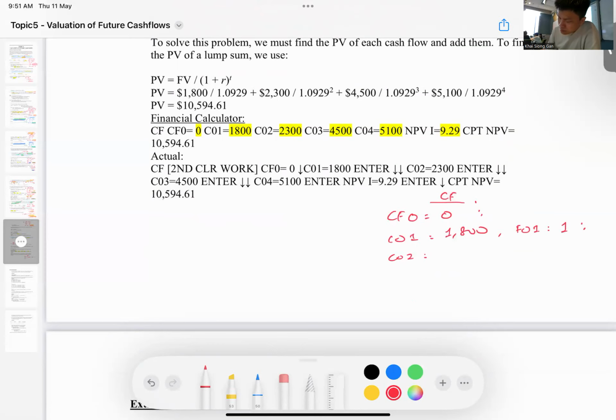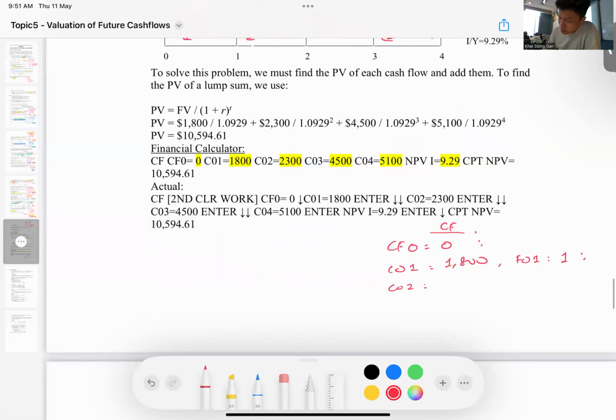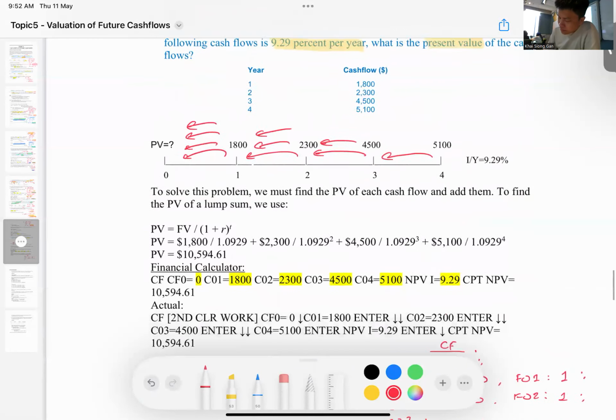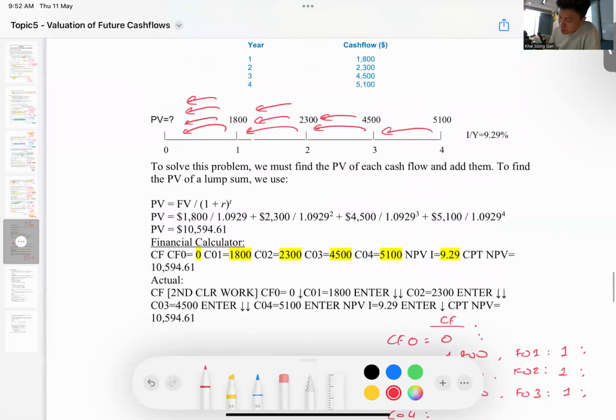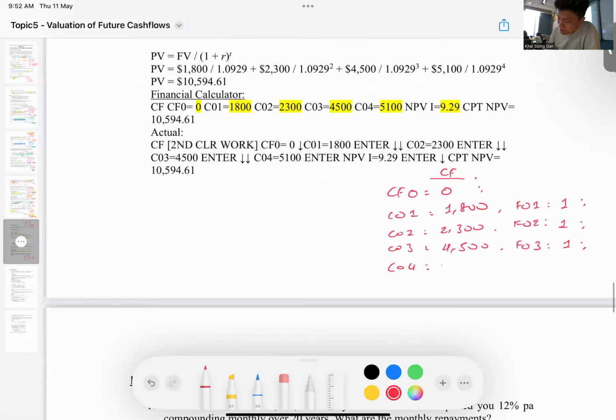C02, 2003, frequency also 1. C03, 4005, F03 also equals 1. C04, 5001, F04 also equals 1.